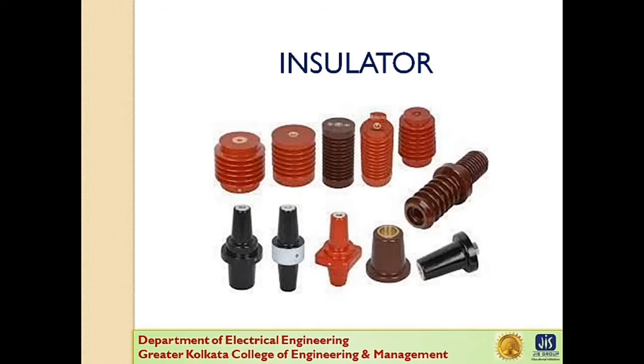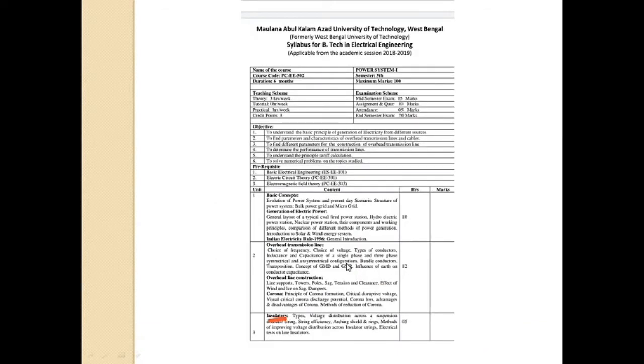Today we will discuss insulator. This is the continuation of insulator. In the previous video, I have discussed different types of insulator, voltage distribution across a suspension insulator, string efficiency, and we have solved some problems on string efficiency.